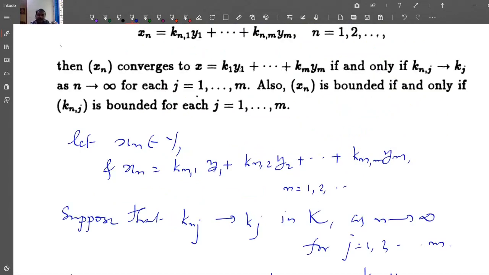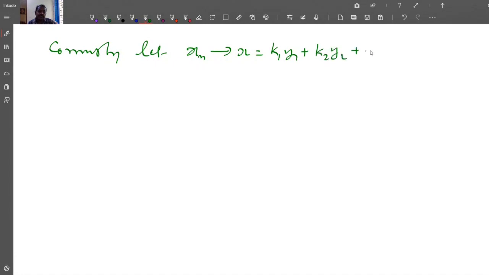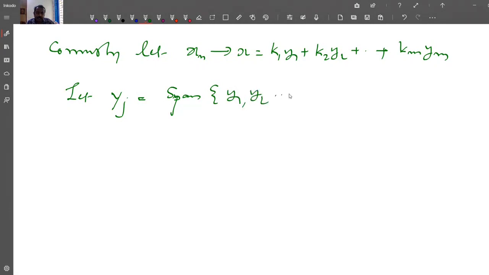Conversely, we assume that x_n converges to x equal to k1 y1 plus etc. plus km ym. We prove k_nj converges to kj as n tends to infinity. So conversely, let x_n converge to x, that is equal to k1 y1 plus k2 y2 plus etc. plus km ym. Now let Y_j be the span of y1, y2, etc., y_(j-1), y_(j+1), etc., ym.